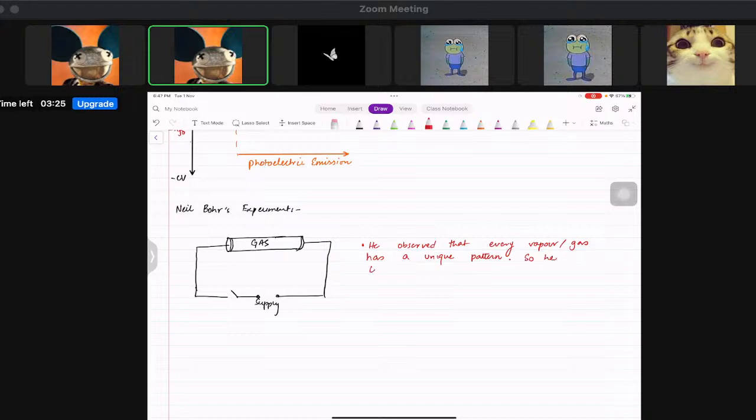So he concluded that every metal, every material used inside the gas tube gave a spectral pattern signature to the material.